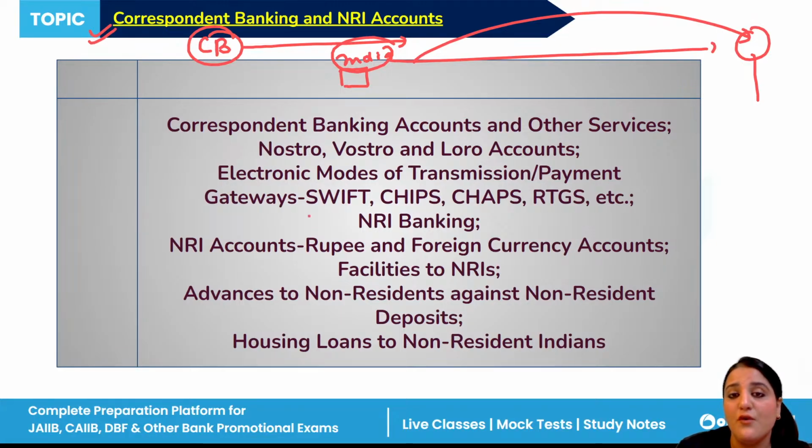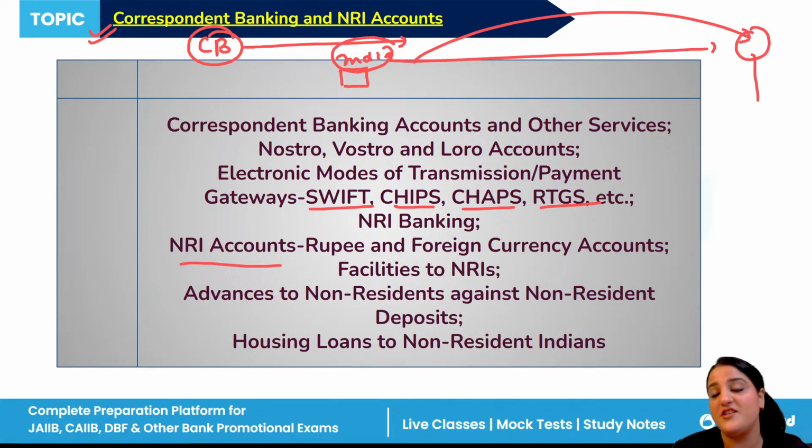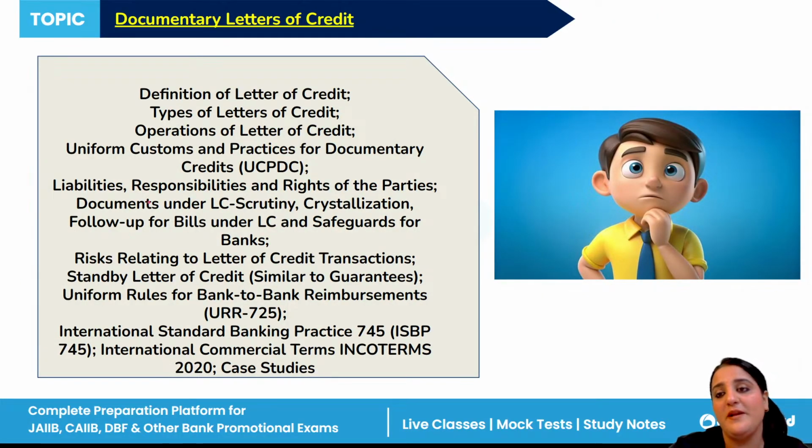In this, we are going to learn about SWIFT, CHIPS, CHAPS, RTGS, NRI accounts, what facilities are available to non-resident Indians, what the housing facilities are, and the meaning of Loro, Nostro, Vostro and Mirror accounts.